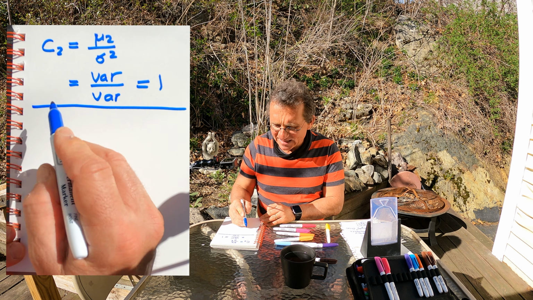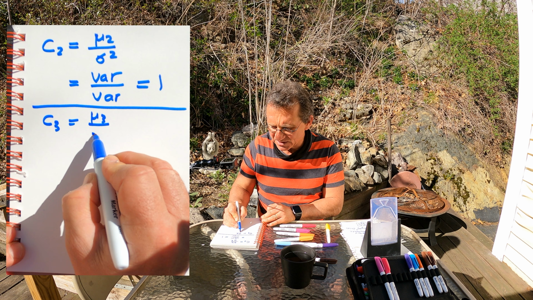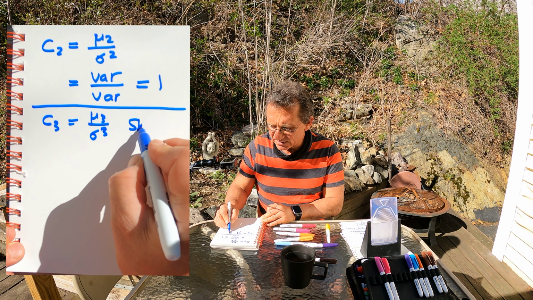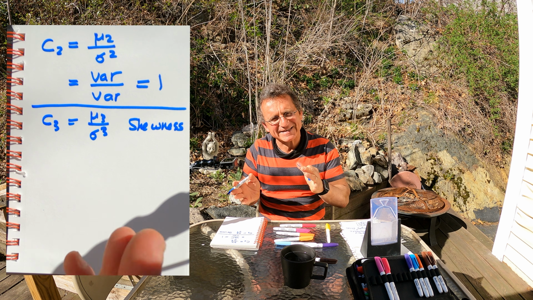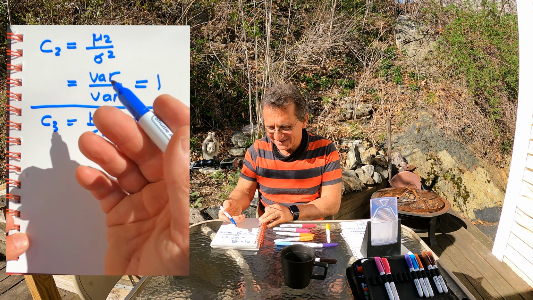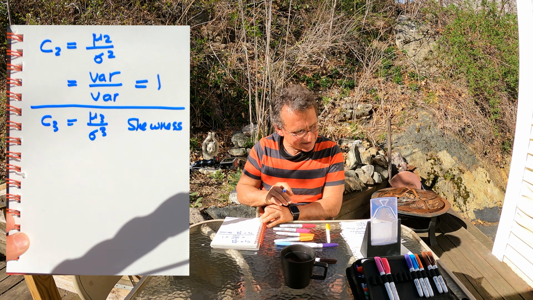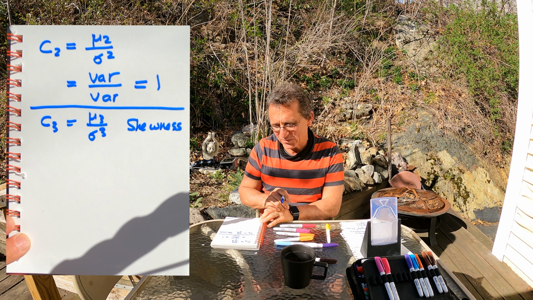But the third one is actually quite interesting. The third one is mu3 over sigma to the 3. This is called the skewness. This measures how much the distribution is somehow tilted. And so it's the first really interesting case of these standardized central moments.